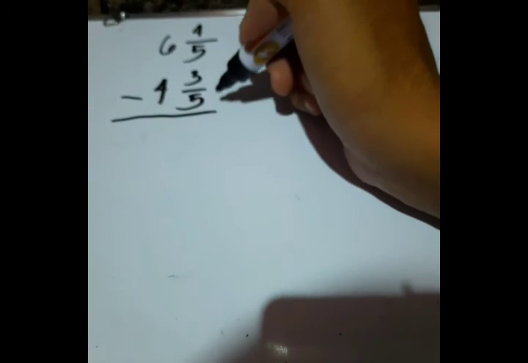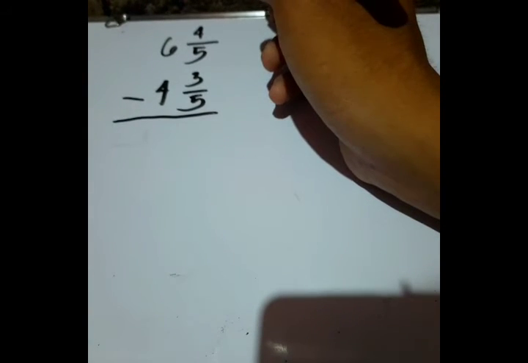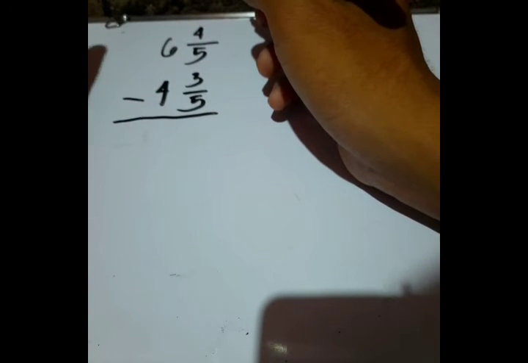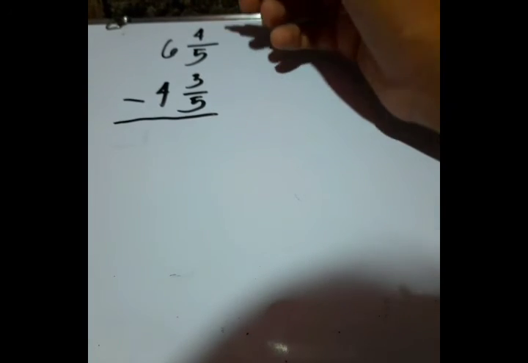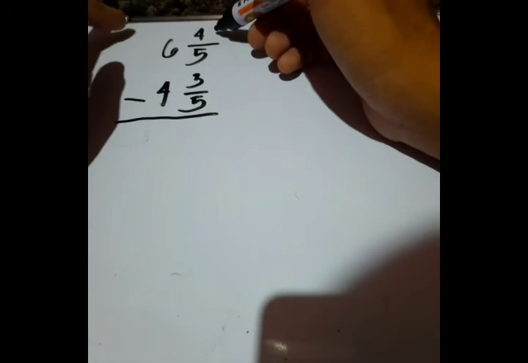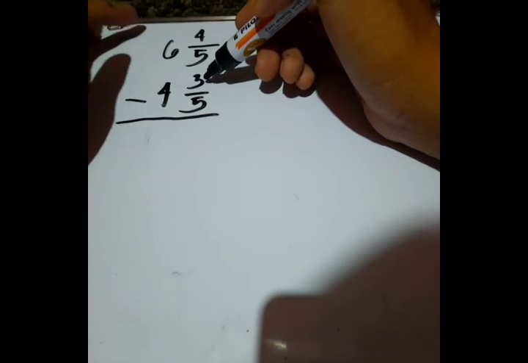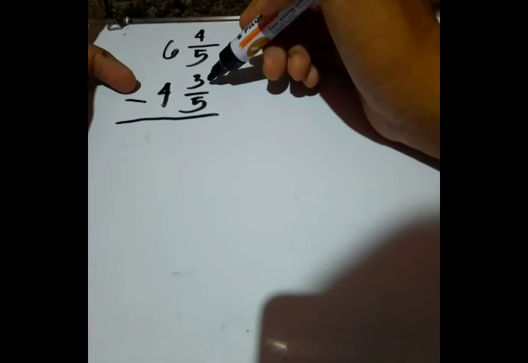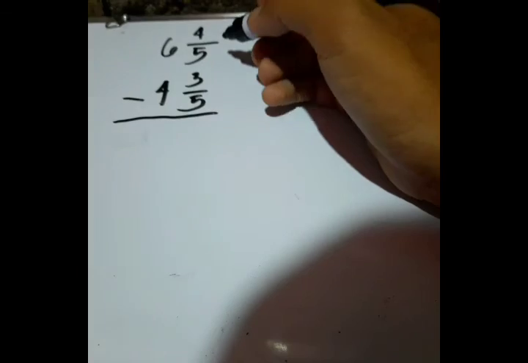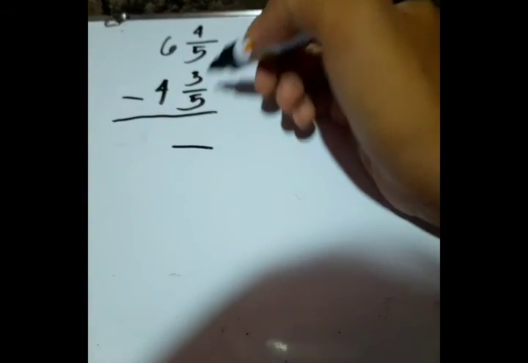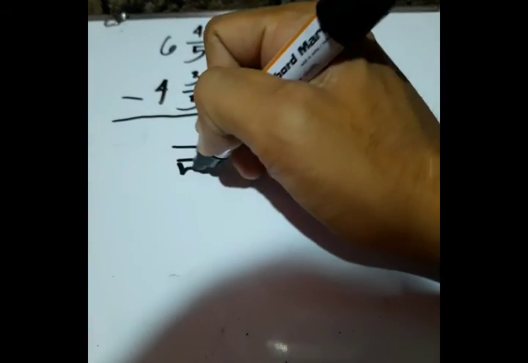Okay. So again, we are going to check which one is bigger, the minuend or the subtrahend. So obviously here now, the minuend is bigger compared to the subtrahend. So therefore, there is no need for borrowing. So we can just solve this one right away. The same thing, we'll just copy the denominator, which is 5, because they are similar fractions.